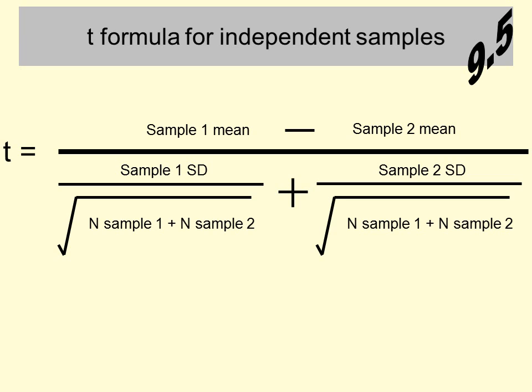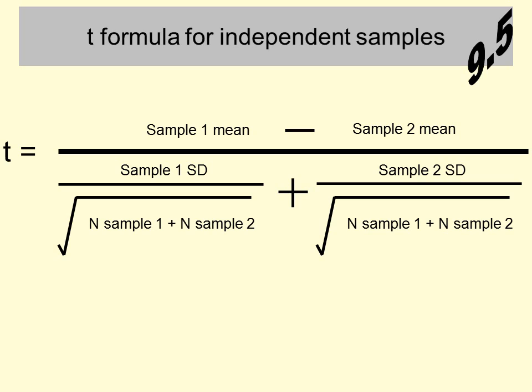Some people write it using the variance instead of the standard deviation, but I write it using the standard deviation because I think it's easier to understand. The other thing to say is that this denominator part of the equation that I'm highlighting here with the laser pointer is the estimation formula for the standard error of the sampling distribution of the difference between two sample means.